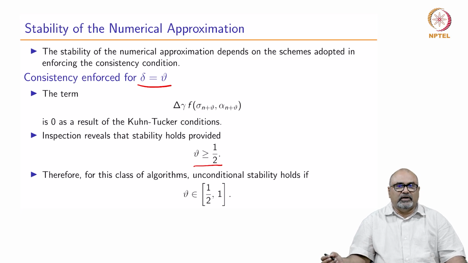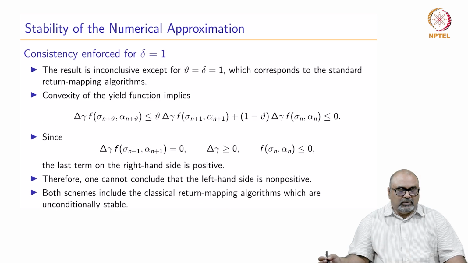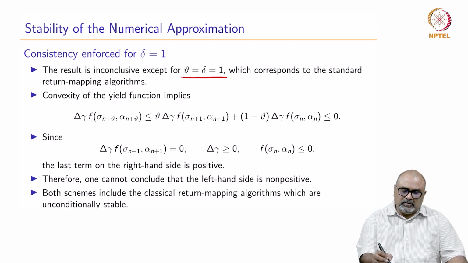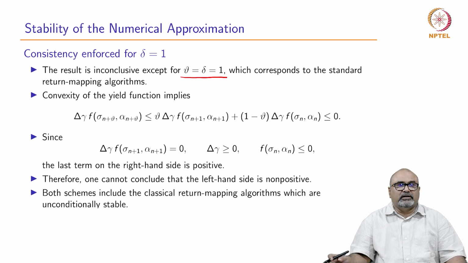So, for this case of algorithm, unconditional stability is holding when v belongs to half comma 1. So, consistency is enforced when delta is equal to 1. So, the result is inconclusive except for when v is equal to delta equal to 1, which corresponds to the standard return mapping algorithm.